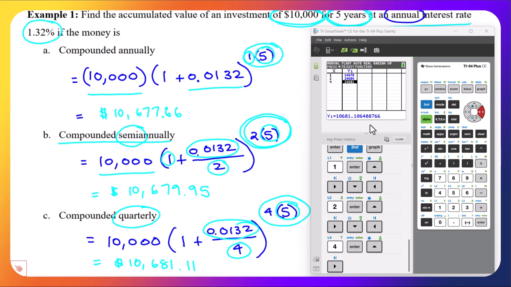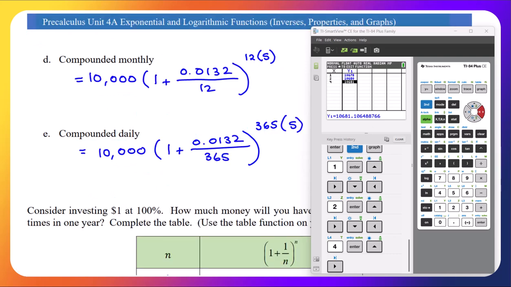We can see that at the bottom of the screen on my calculator. We have 2 more to go, so if I go down and to the left, and now we're going to do it monthly, so 12 times every year. For 5 years, that'll be 60 times. Enter. And let's go on to that answer to see what it is up to the nearest cent.